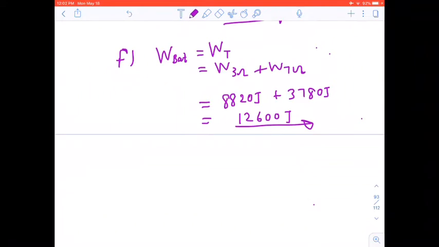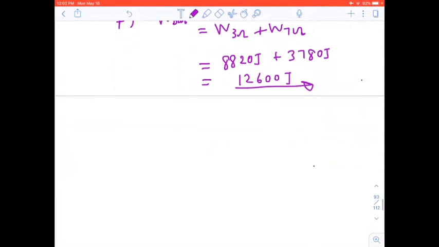But if we just want to double check this alternatively, we know how much is in each component. So let's just look at it from the perspective of the battery.